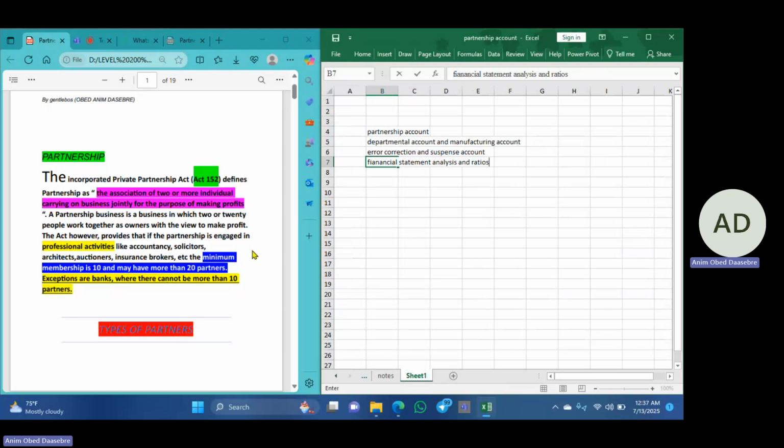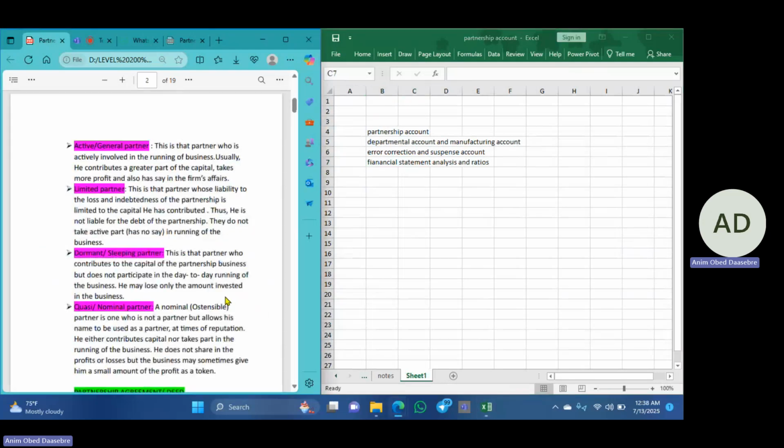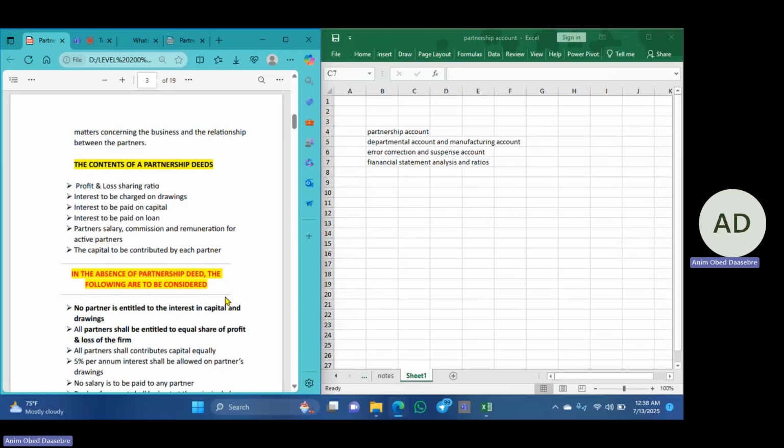They aim to make some kind of profit at the end of the business, right? So that is basically what a partnership account is. So straight away, let's move on to the final accounts of the partnership firm.